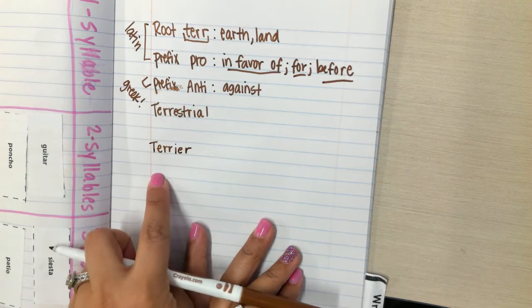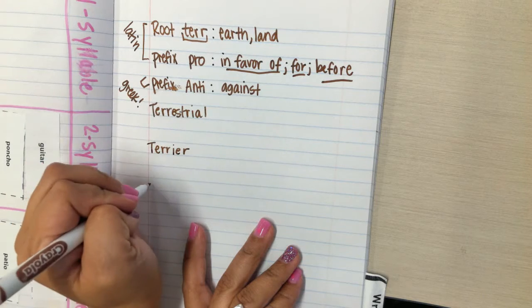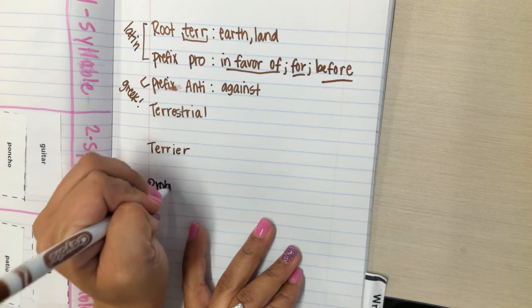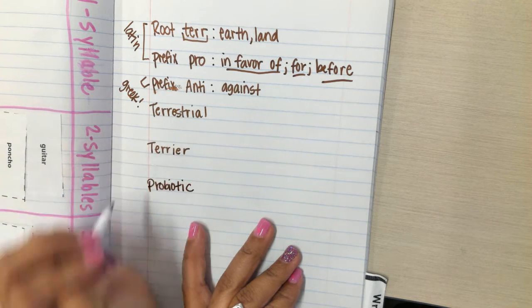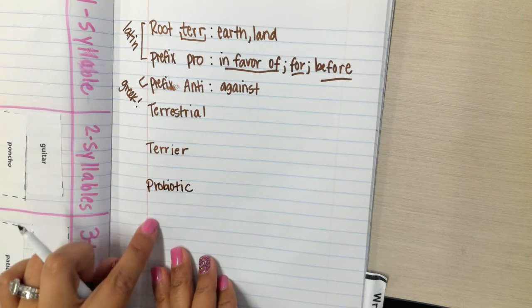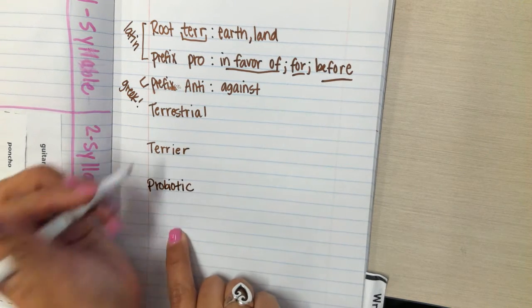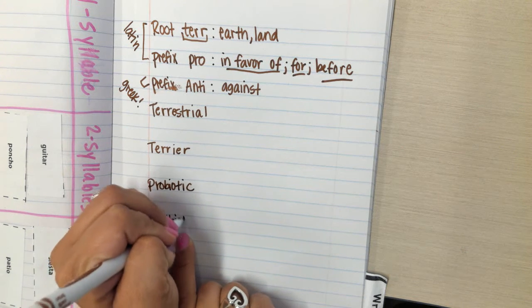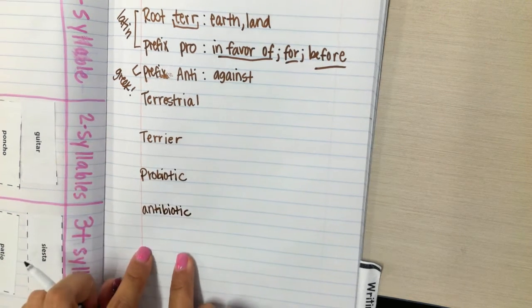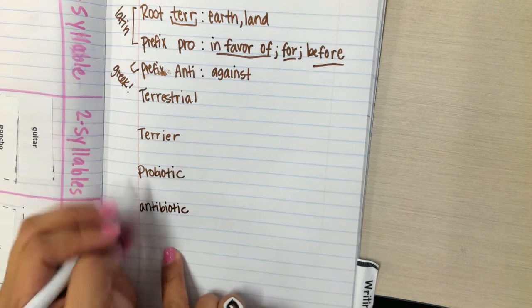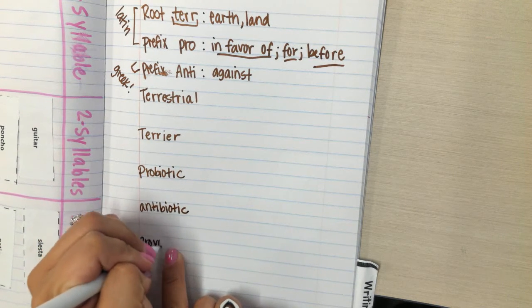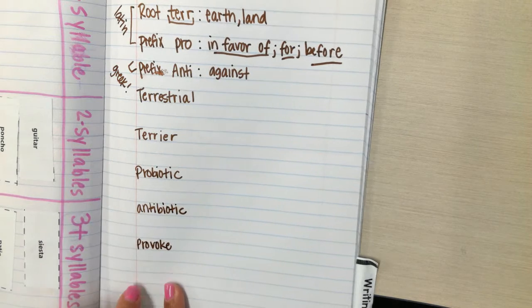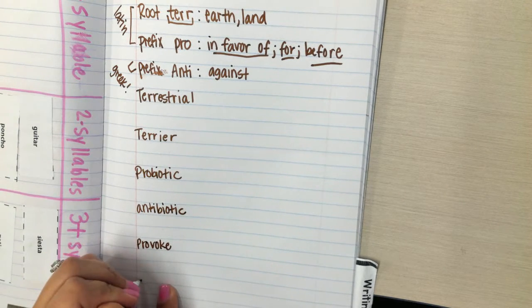You're going to skip 2 lines and you're going to write probiotic. You're going to skip 2 lines and then you're going to write antibiotic. You're going to skip 2 lines and write provoke. You're going to skip 2 lines and then write antidote.